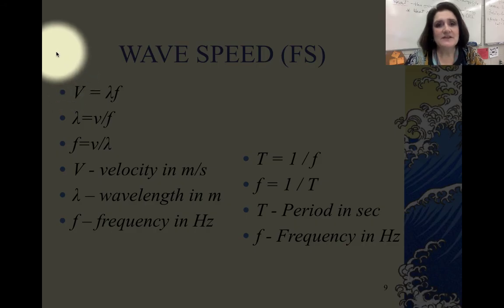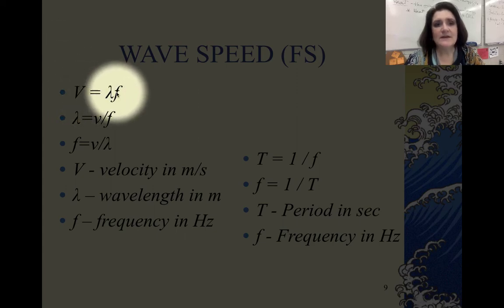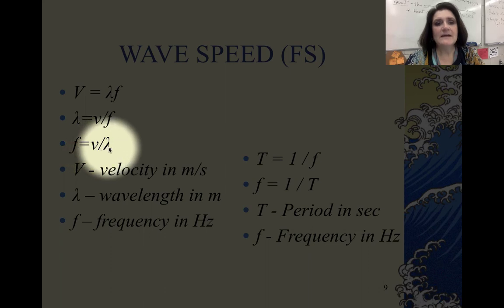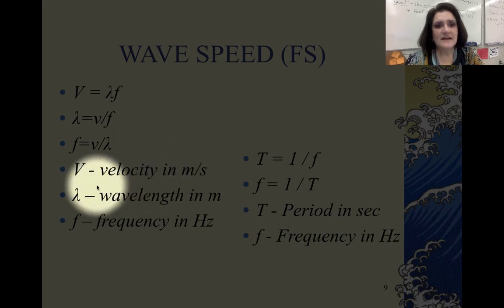On your formula sheet, we want to add this entire slide to one box. Velocity is lambda f. Lambda is v divided by f. F is v divided by lambda. V is velocity in meters per second.